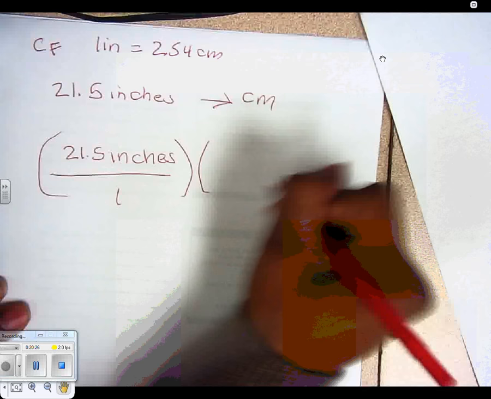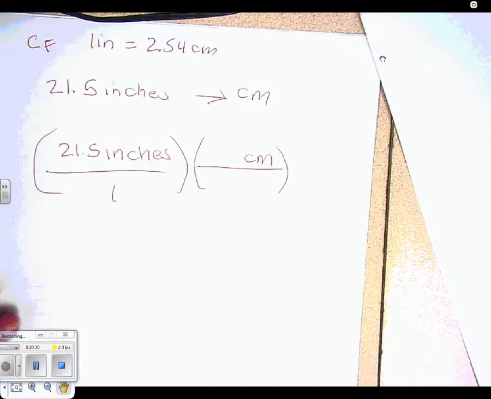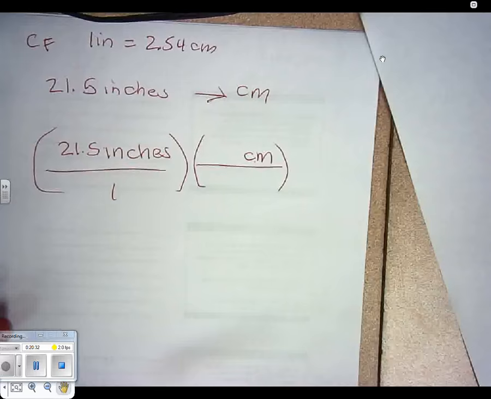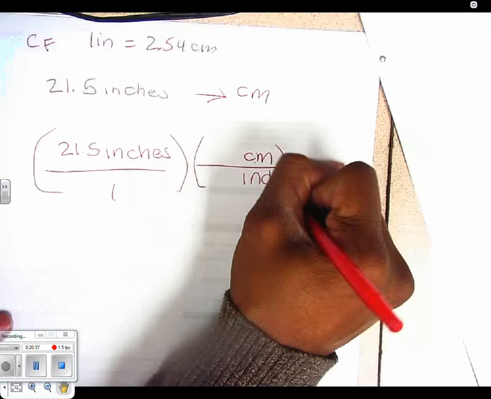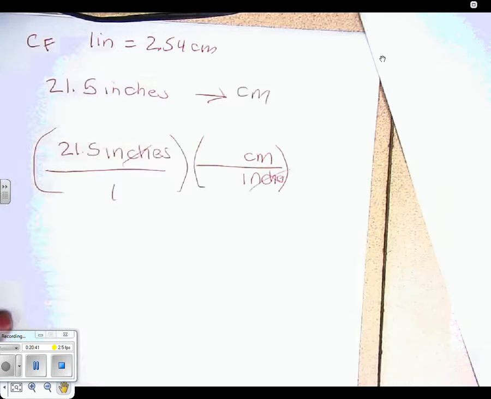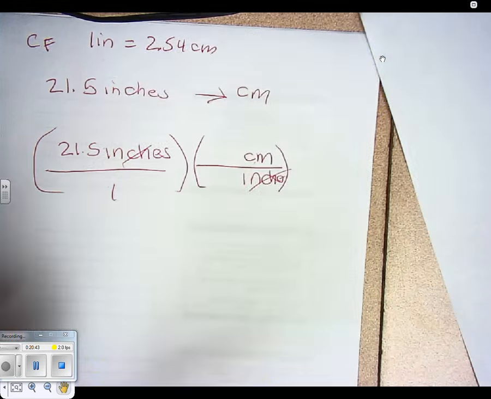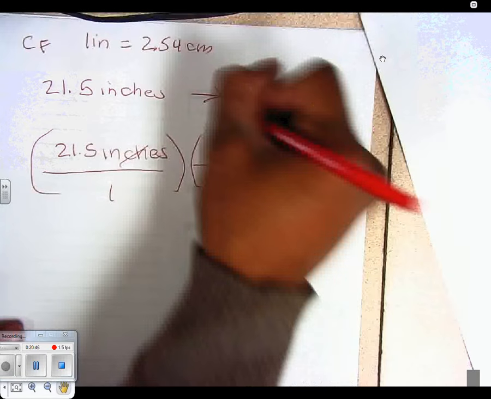Next, I want to solve for centimeters. So I need something that's going to allow me to get centimeters in my numerator position. And I'm going to put inches down here. Because I have inches up here, I have inches down there, and they're going to cancel out. I'm going to take this conversion factor. This is my conversion factor down here.